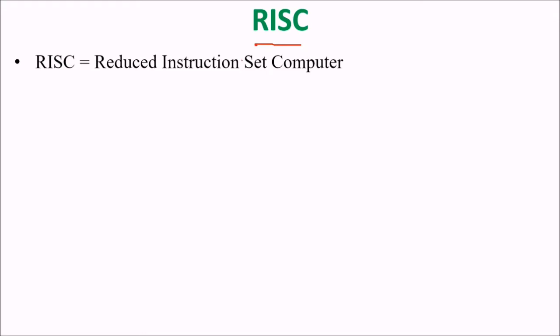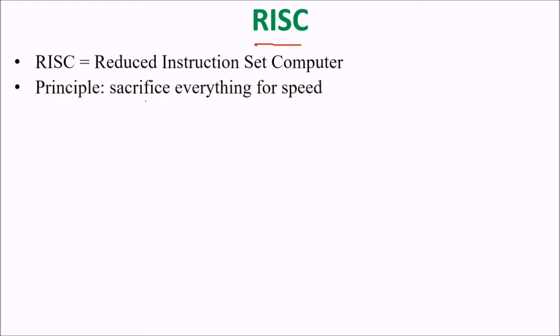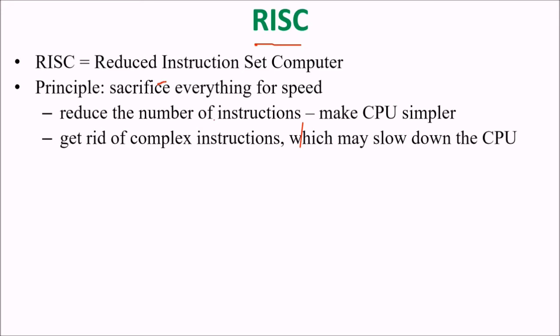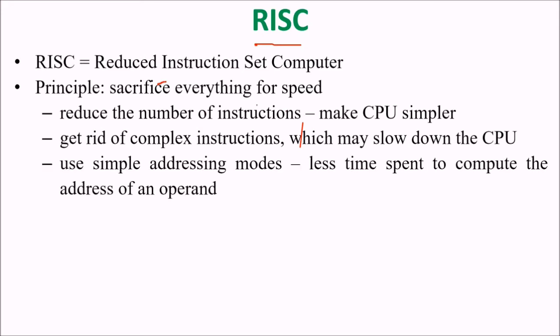RISC, reduced instruction set computer. The principle was, let us sacrifice everything for speed. Reduce the number of instructions, make the CPU simpler. Get rid of complex instructions which may slow down the CPU. And use simple addressing modes, that is, less time is spent to compute the address of an operand.